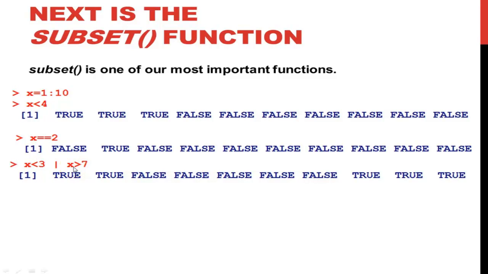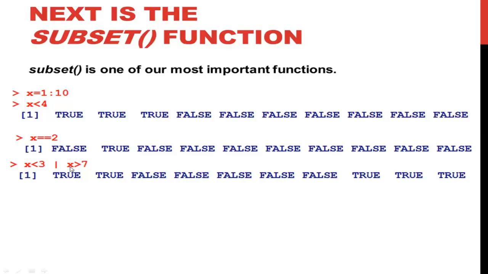And this one, what does this look like? So let's write it here. We're going to have two statements: x is less than 3, or x is greater than 7, right? Okay, so what about the first one? x is less than 3.